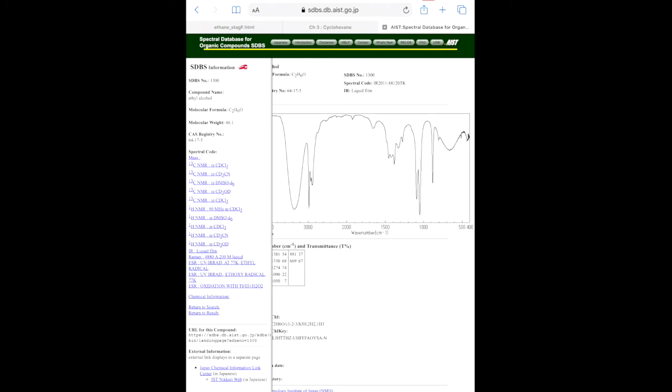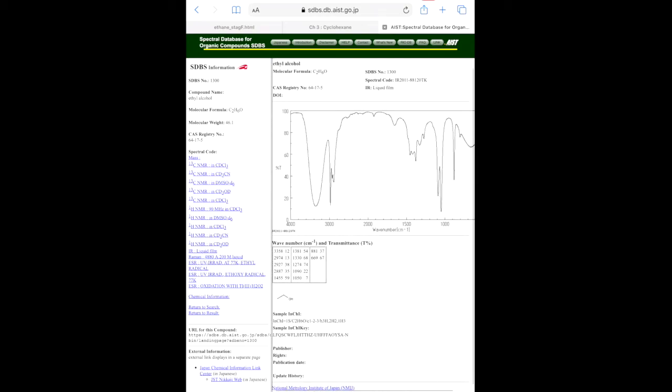Now this is what we use as a useful tool, because as you can see, at least for ethanol, there's not much above 1500, which is why we focus on that region. And we have some stretches at around 3000. There's a little tiny cluster. Now those typically correspond to CHs, and then we have that really broad one.